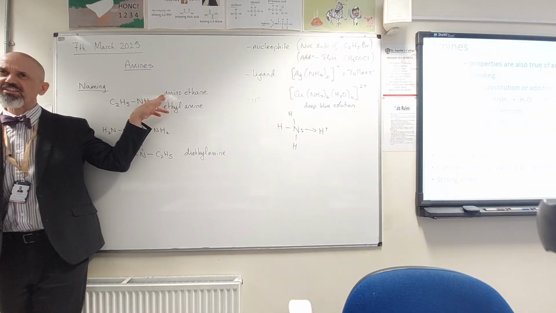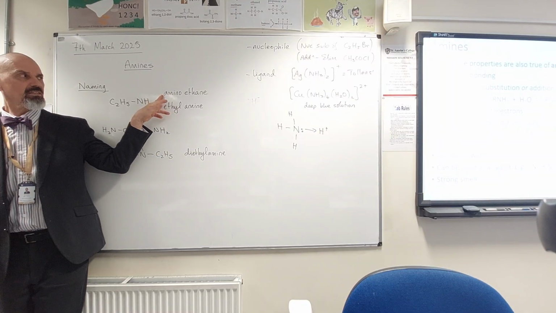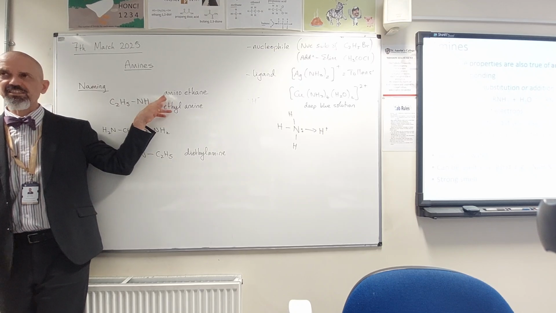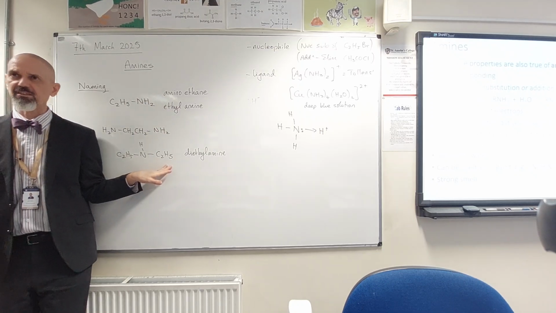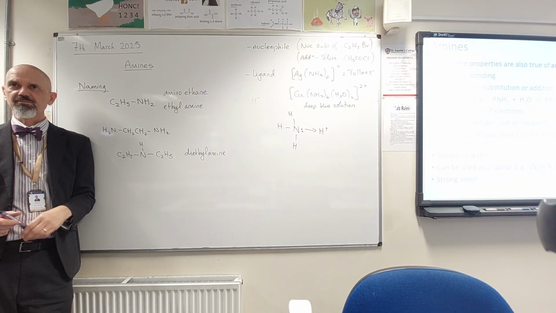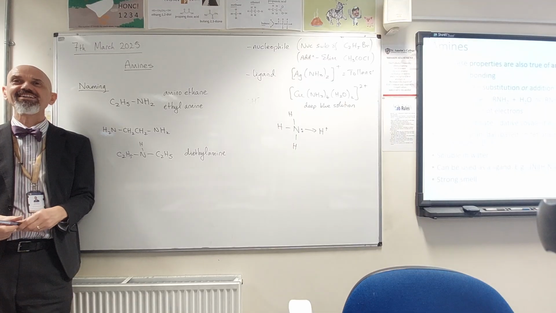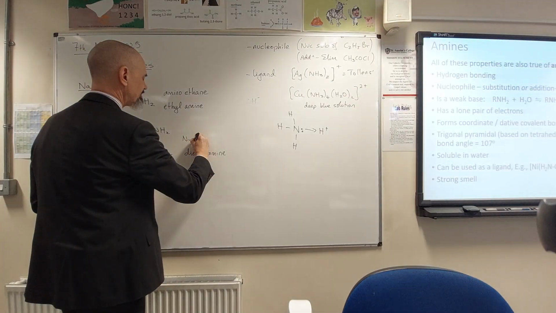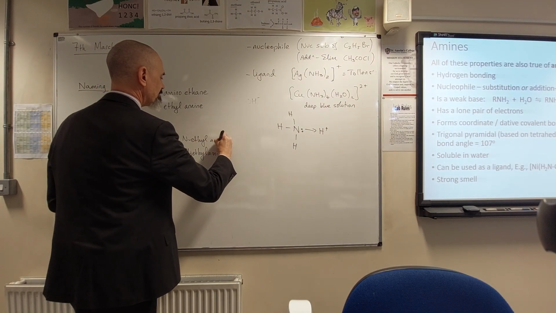So that's obviously using the ethyl amine has become diethyl amine naming system. What if we wanted to use the other naming system? So if I wanted to call that using the aminoethane system, how would I name that? N-ethyl aminoethane.